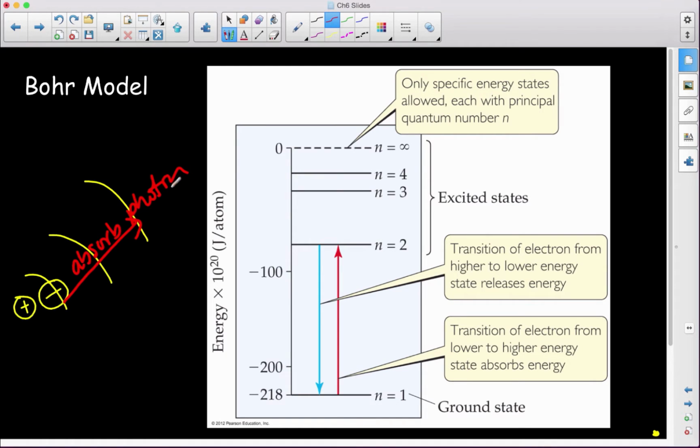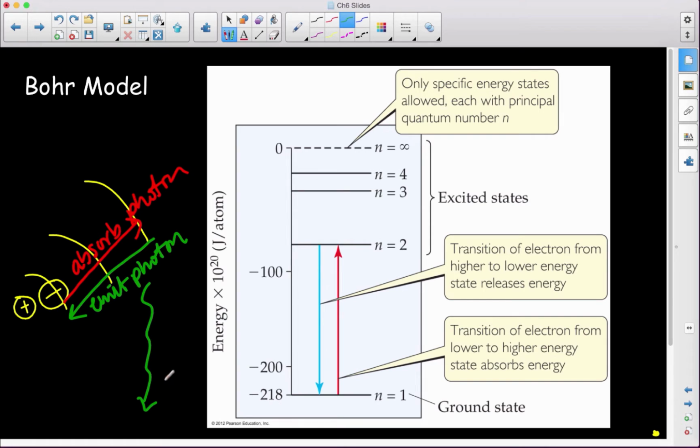Right, a particle of light, or a particle of energy, okay? So it's going to absorb that photon, and then spontaneously and on its own, it is going to relax. And it's going to emit that same photon, okay?